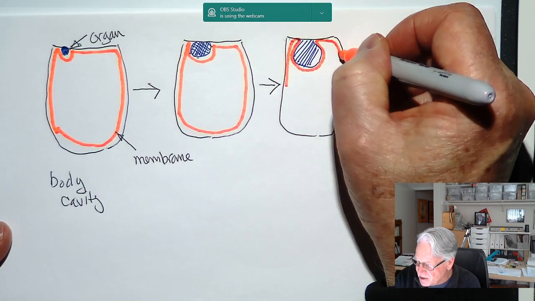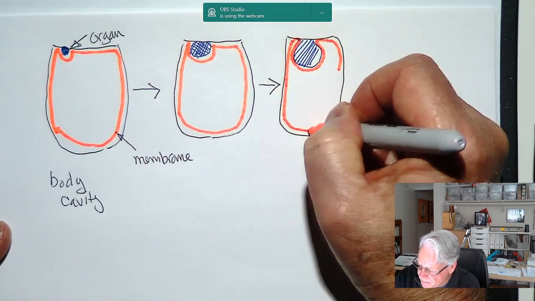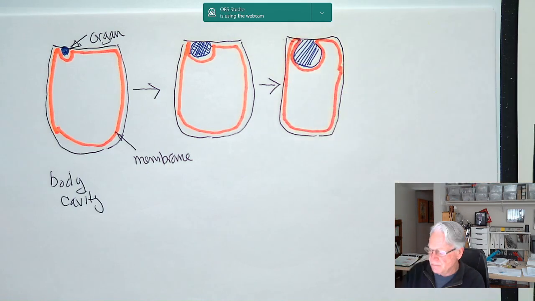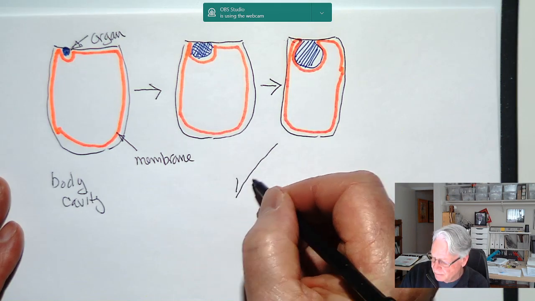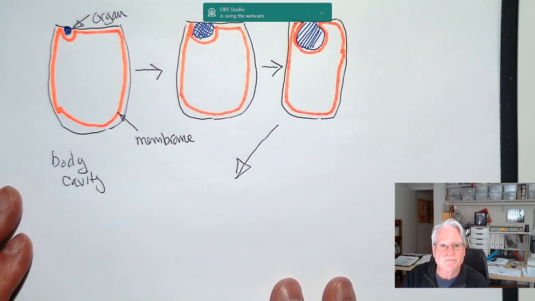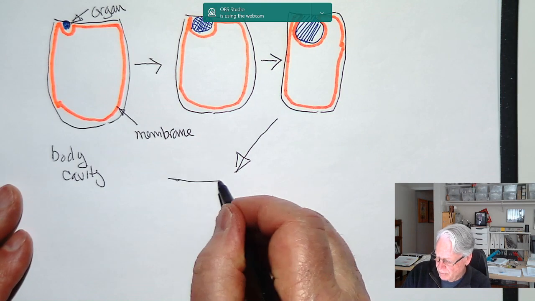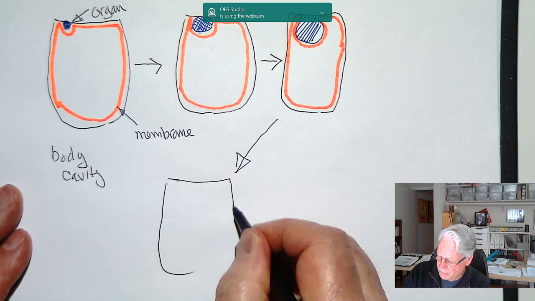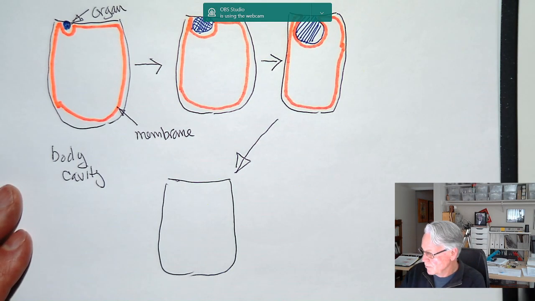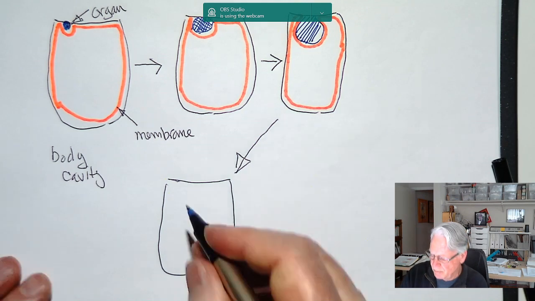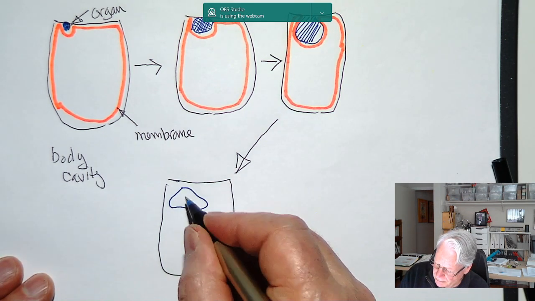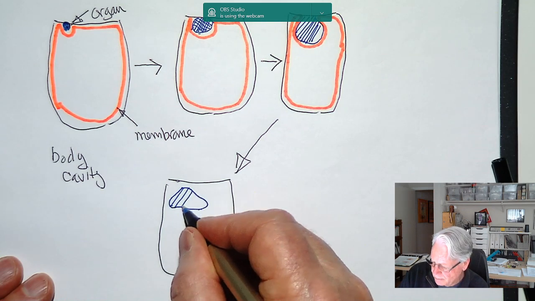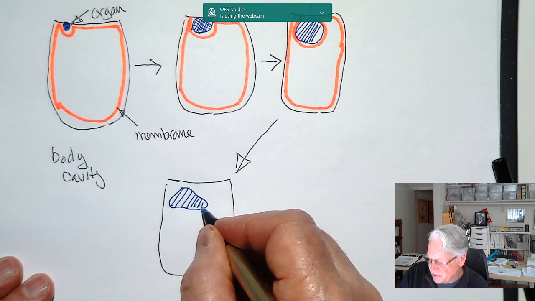But it's still sitting behind that membrane. And as time goes on, this thing is now much more developed.